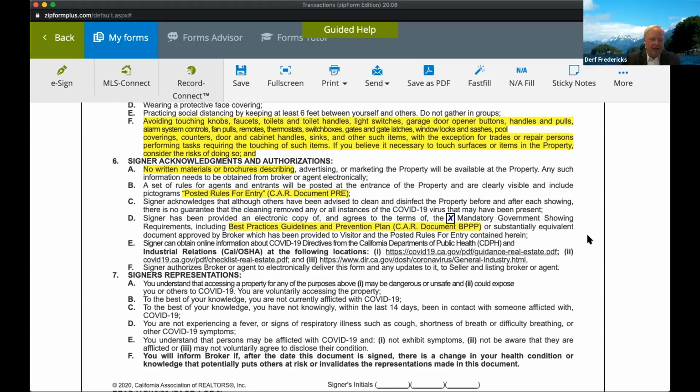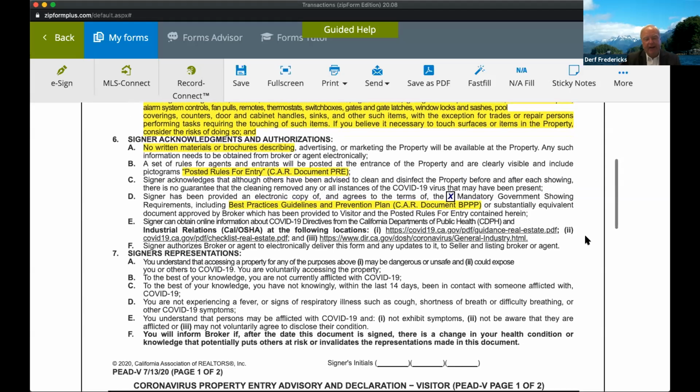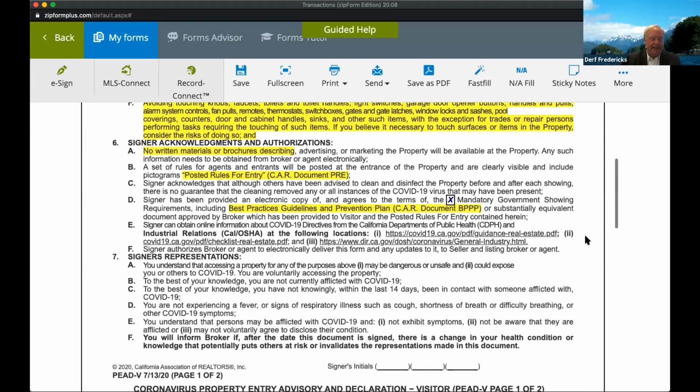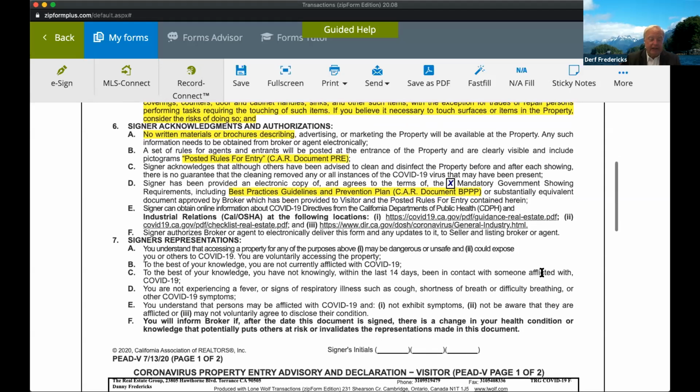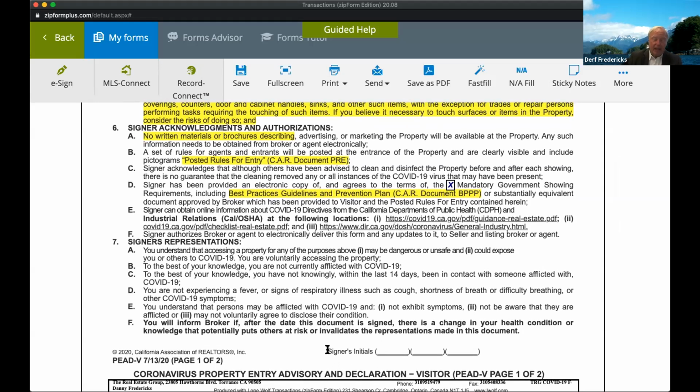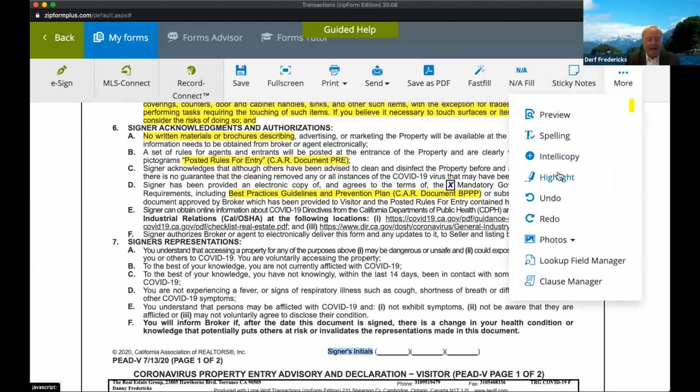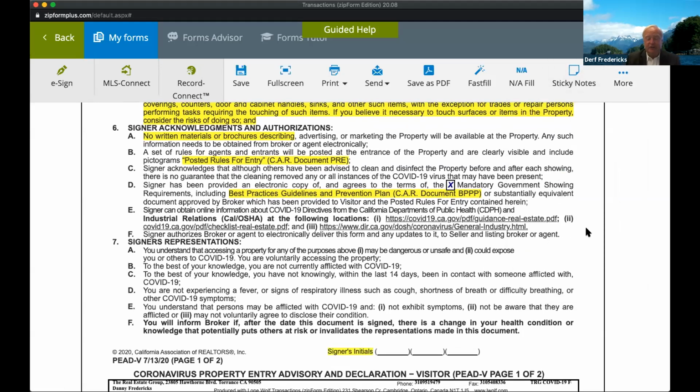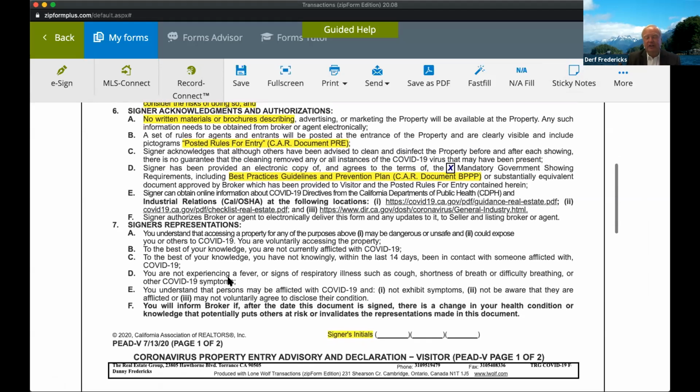Okay, so the buyer is going to sign this PEAD-V. They're going to agree to these terms. Again, the terms are in the BPPP. It also states in there that you currently are not sick, that you may catch COVID-19, that you will notify your agent if you have any change in your health.